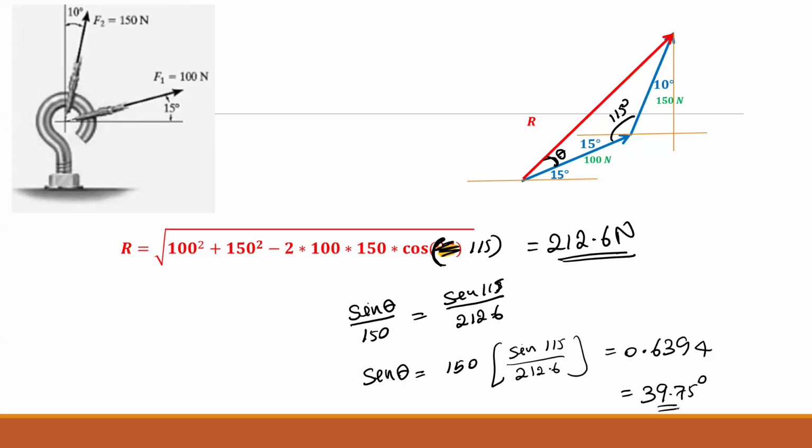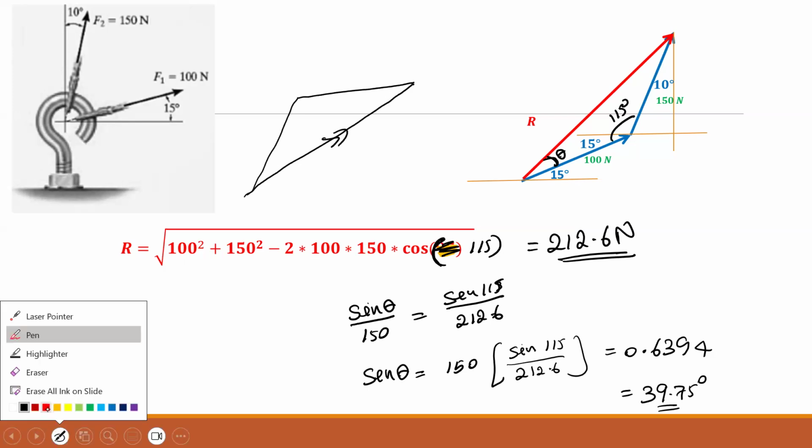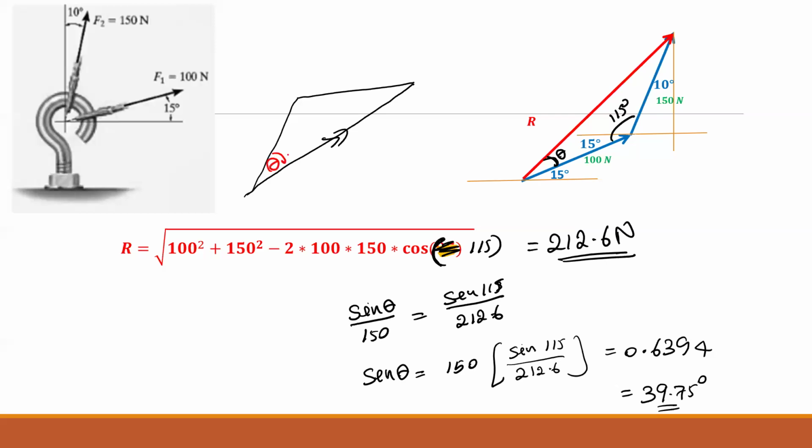I used the other triangle, so I think mine's a little bit different, but I ended up getting 54 degrees from east to north. So your one is like this. Yeah. So you found this angle, did you? 212.6, and this will be your 10, and so this will be your 150, and this will be your 100.